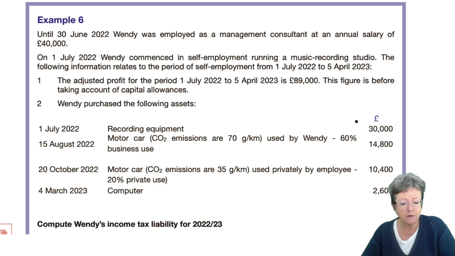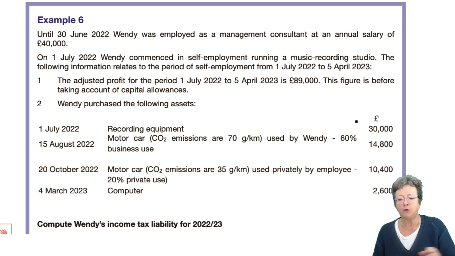On the 1st of July 2022, she commenced self-employment running a music recording studio. The following information relates to the period of self-employment from the 1st of July 2022 to the 5th of April 2023. The adjusted profits for the period were $89,000.